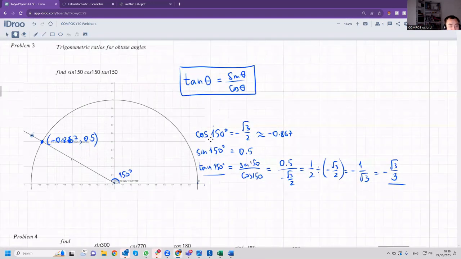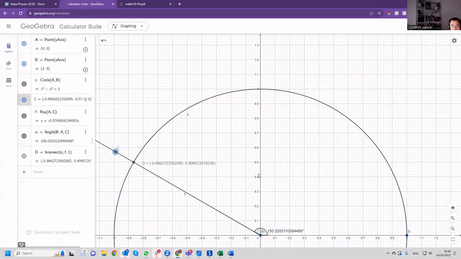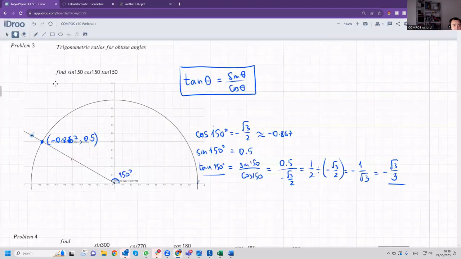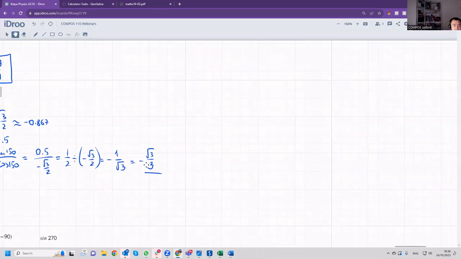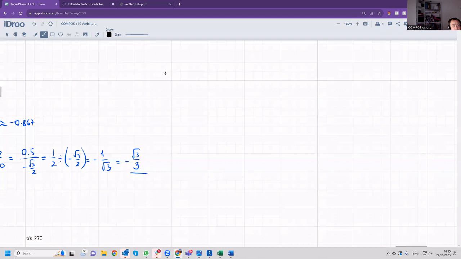So we can find cos 150, sine 150, and tan 150 by just looking at the triangle. So how would we do this without a circle? You don't have this. So how do you do it? Well, you say, okay, what is 150?